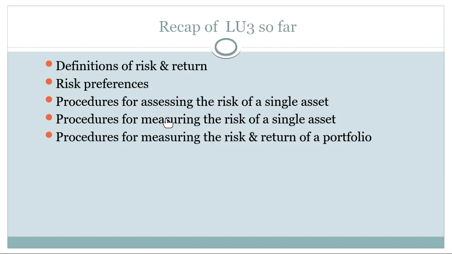Because if I calculate the coefficient of variation for 3 different assets, I can then compare those 3 answers, and I will then know what quantity of risk I am letting myself in for each 1 percentage point of profit. And then obviously the higher the coefficient of variation, the higher the risk in that particular project.